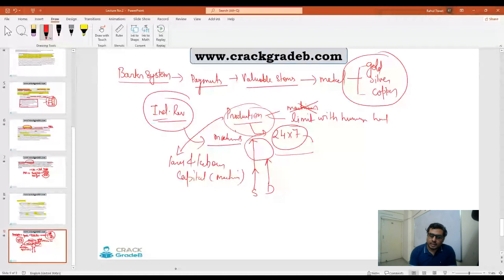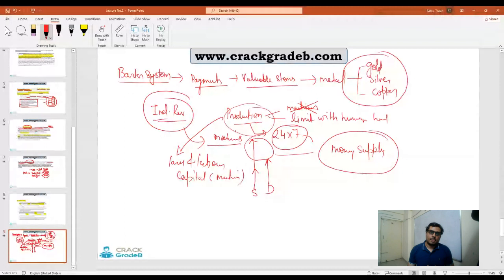If you want to increase production, you need a much bigger flow of money in the system. Earlier, because production activity was limited, a limited amount of money supply was sufficient for the system. But when production activity jumped in a very fast manner, then you need more money supply and a good flow of money.